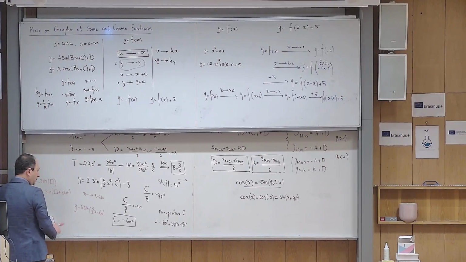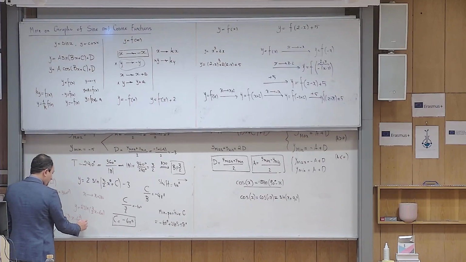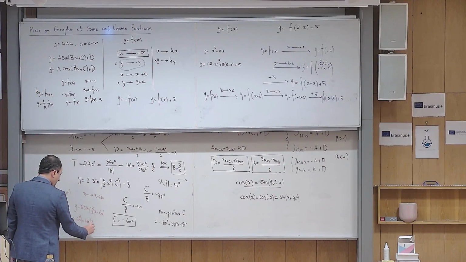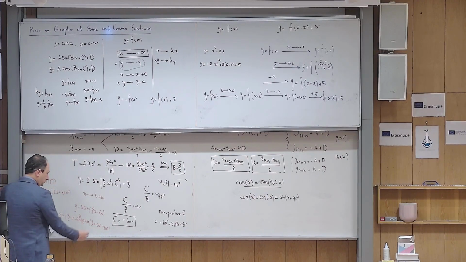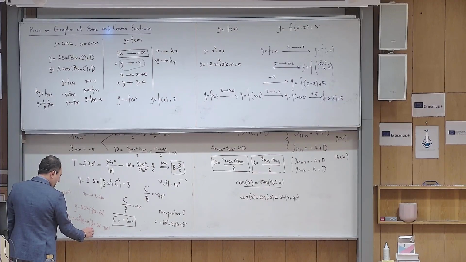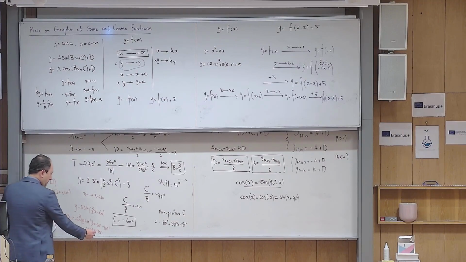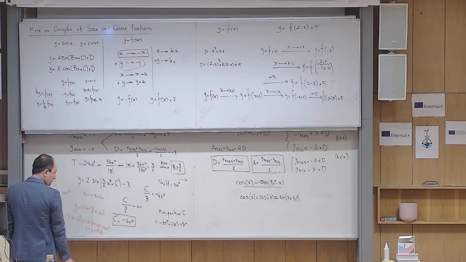So if I write sine of, let us only consider this, 3/2 x minus 60, this will play the role of my box. Then I add 360 degrees to it. This is guaranteed. But then if I simplify that, it becomes 3/2 x plus 300. And then if I compare it with that one, C is 300.